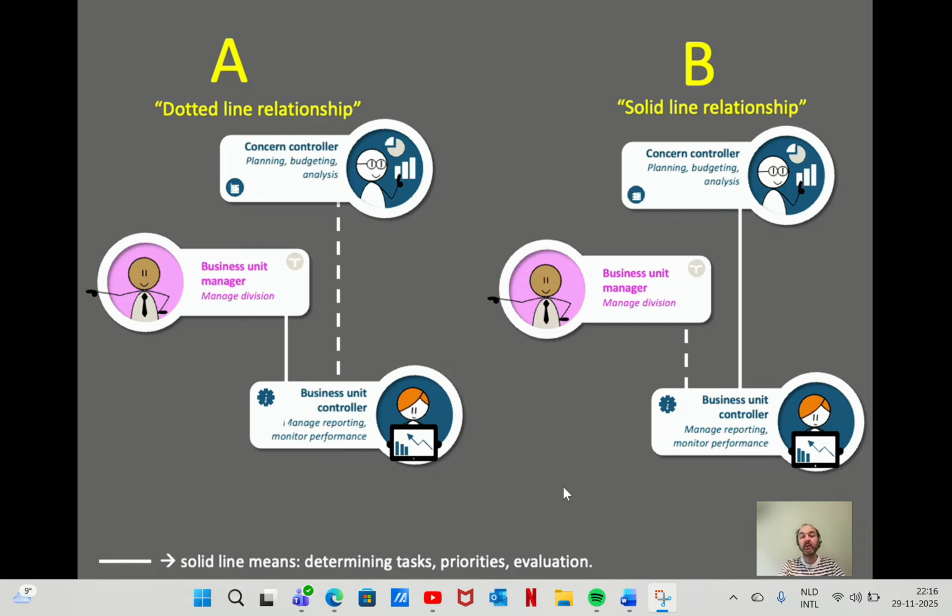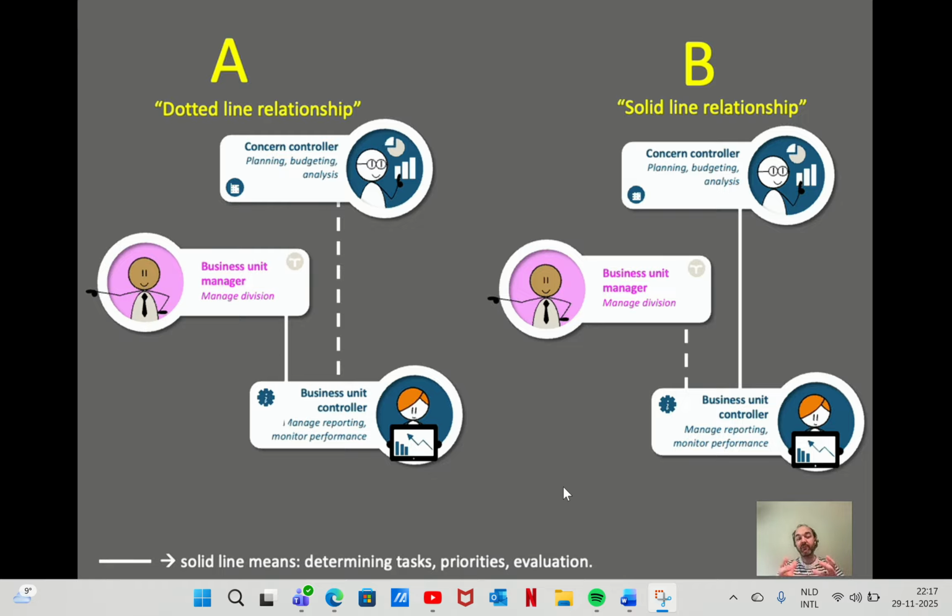While in B, in a solid line relationship between the concern controller and the business unit controller, this business unit controller reports directly to the concern controller, and could carry out more roles such as a policeman to make sure that the business unit complies indeed with the relevant rules, maybe by headquarters, or the relevant rules and regulations by external organizations.